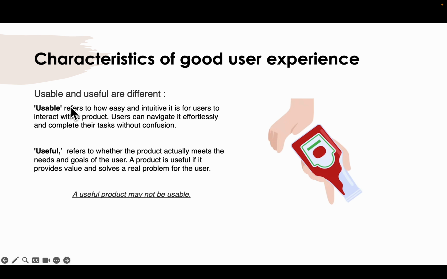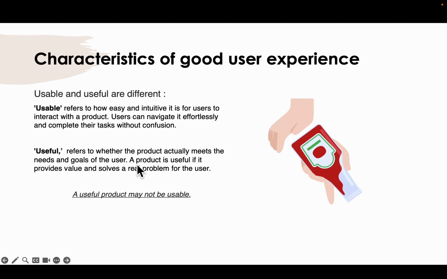So we can see there are some differences between usable and useful, right? A useful product may not be usable. Sometimes a product eventually helps you solve the problem, but you feel it's hard, you feel you are struggling when using it.